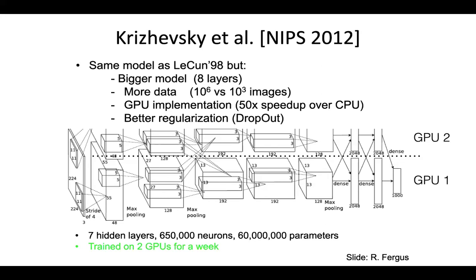Orders of magnitude more data, from 10 to the 6th versus 10 to the 3rd, right? And so this makes a big difference. And the second difference is in terms of computational power.